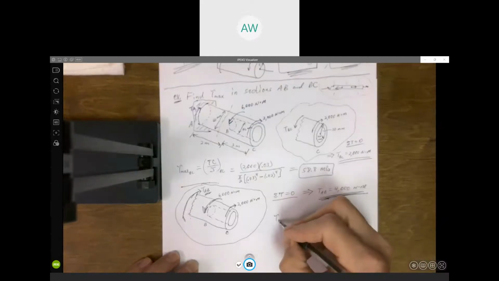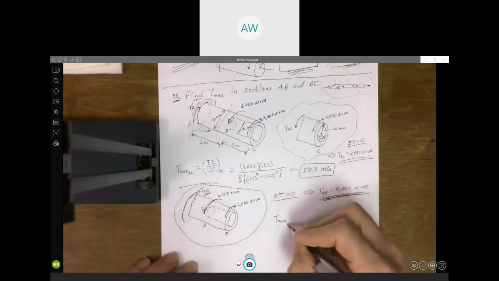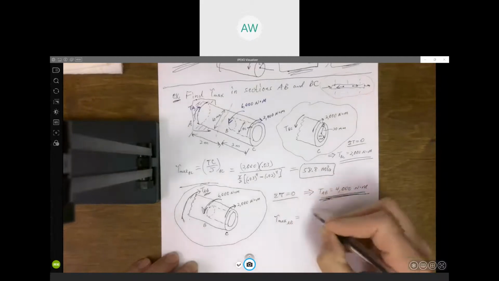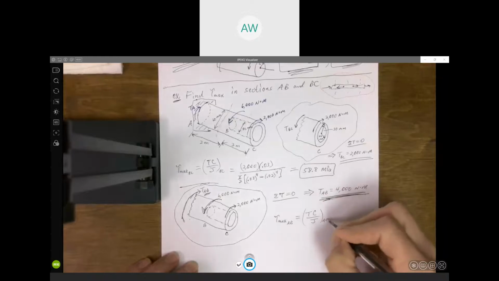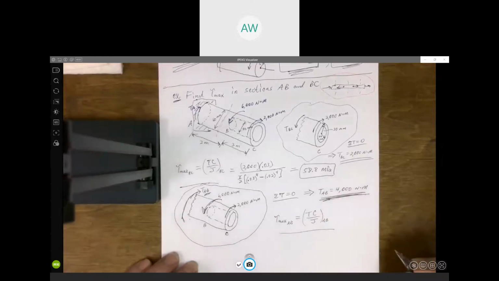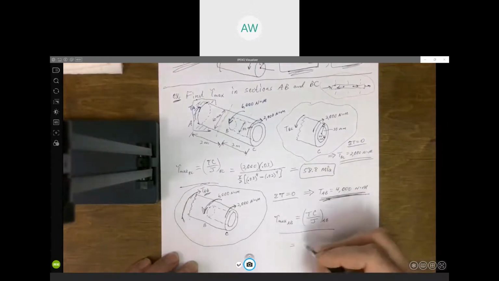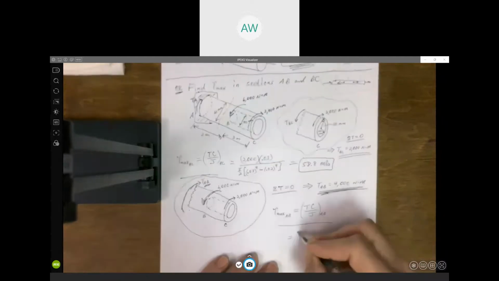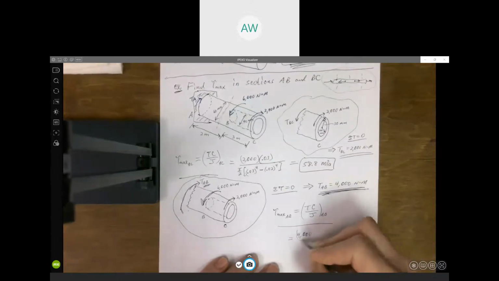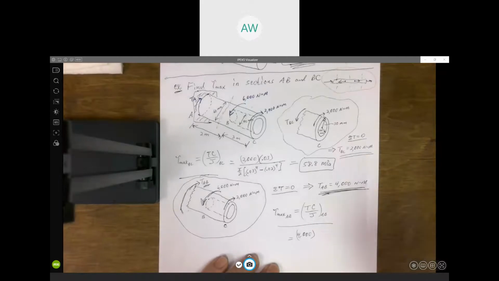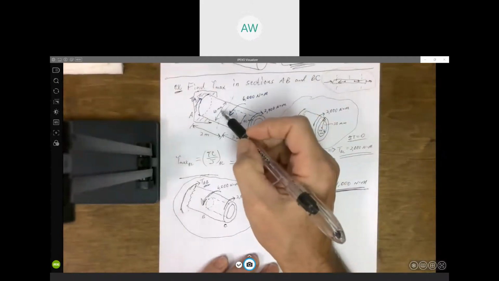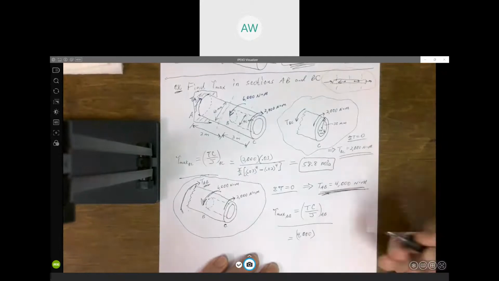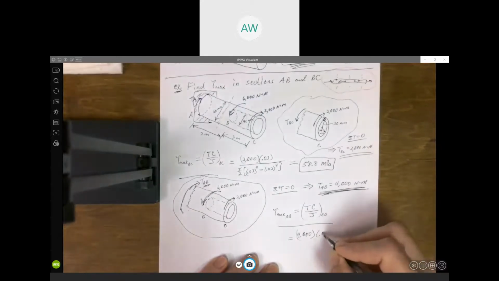To get the maximum shear stress in section AB, we'll just do TC over J. And for section AB, we just calculated the torque is 4,000. C, again, is the outer radius, and back here between A and B, the diameter is 60, so the radius is going to be 30 millimeters, 0.03 meters.